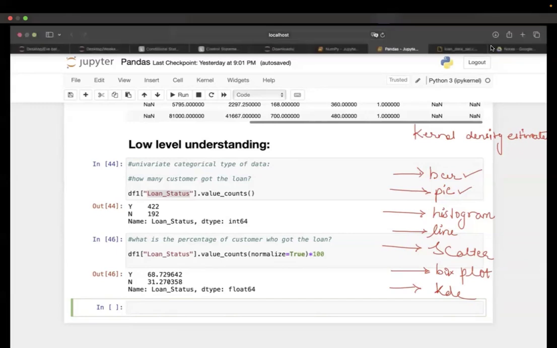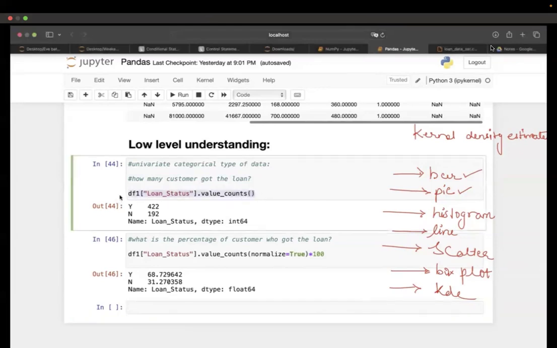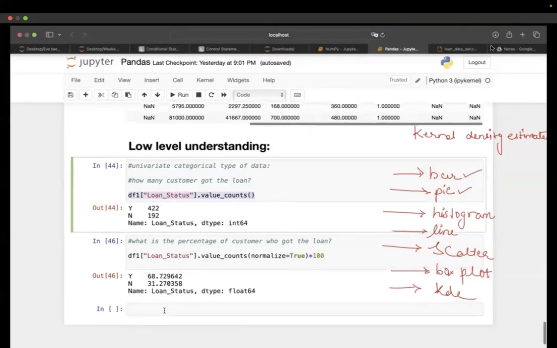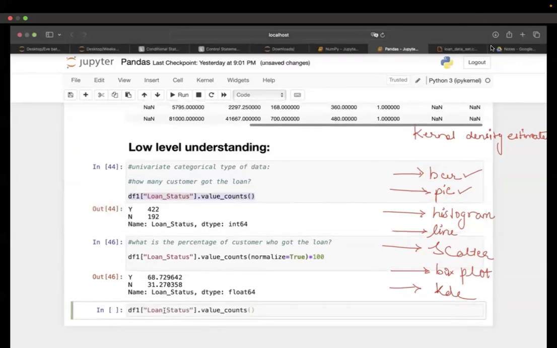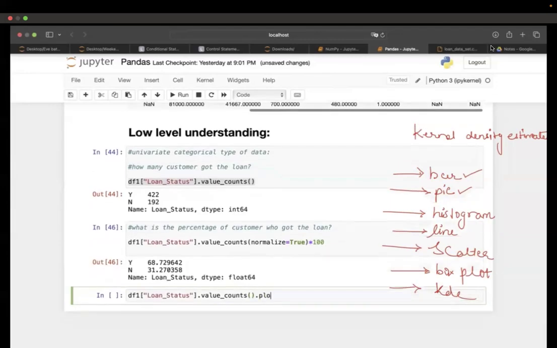Very simple. Pandas has a method called dot plot. A bar graph is the combination of one categorical feature and one numerical feature. In this series, you can see we have a category here and a number here. Can I simply write dot plot kind equals bar here?